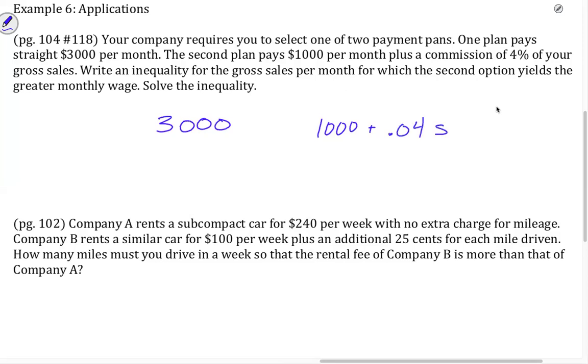Laura, do you see where I got that from? Yes. Okay. Now it says write an inequality for the gross sales where the commission is greater. So I have to solve this inequality. Laura, is this making sense to you? Yes. All right.